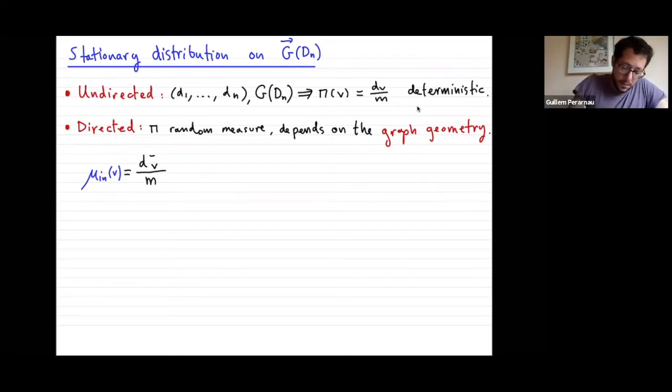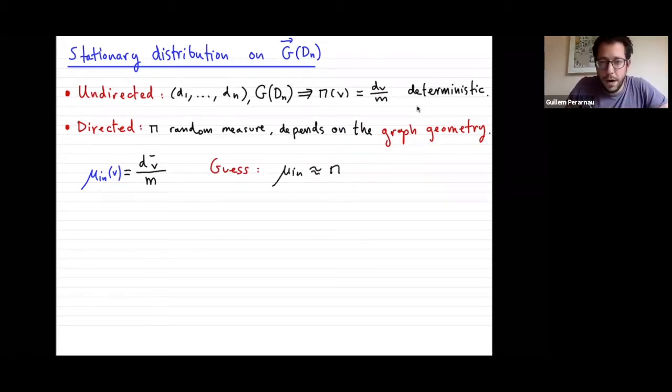If we say that mu in is the in degree distribution, and by in degree distribution I mean just the in degree divided by m to make it a probability distribution, maybe some guess is that mu in is similar in some sense to pi.